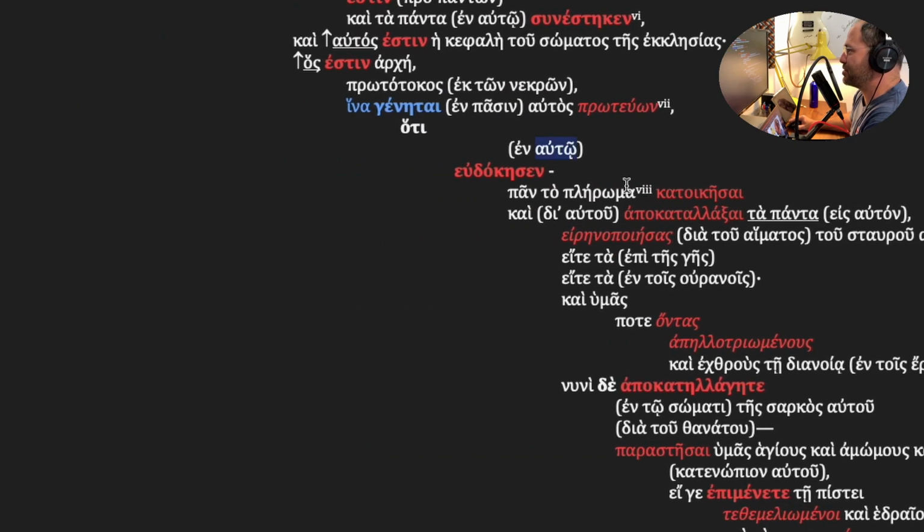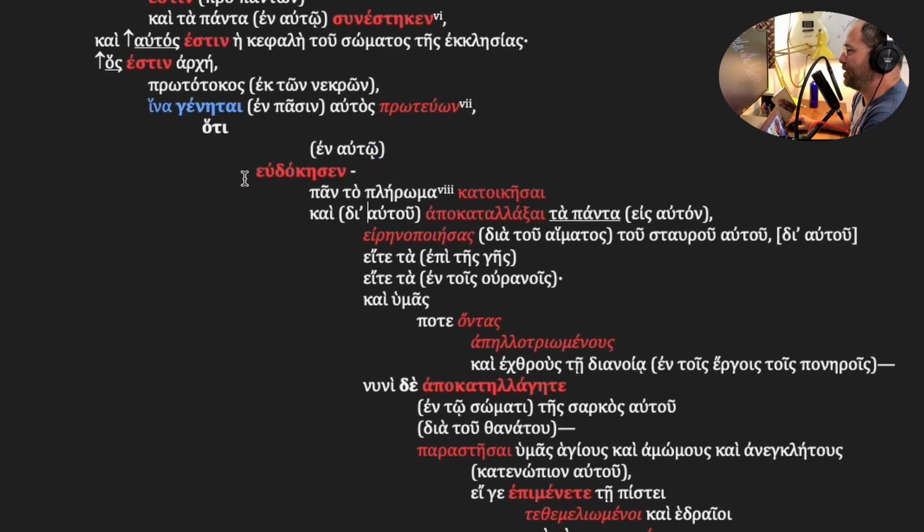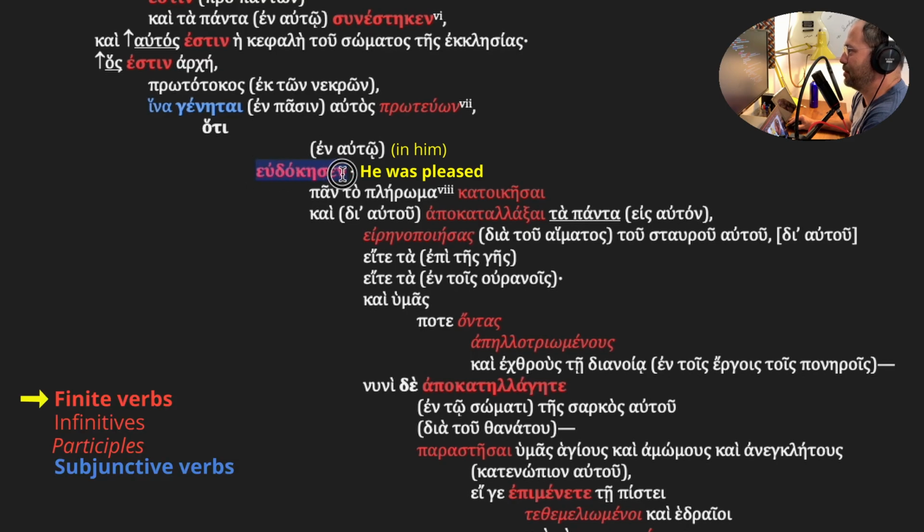Now we're just going to come across here and see. For in him he was pleased. So here you see Greek is able to encode into the finite verb the information as to the person and number. Third person singular: he was pleased.